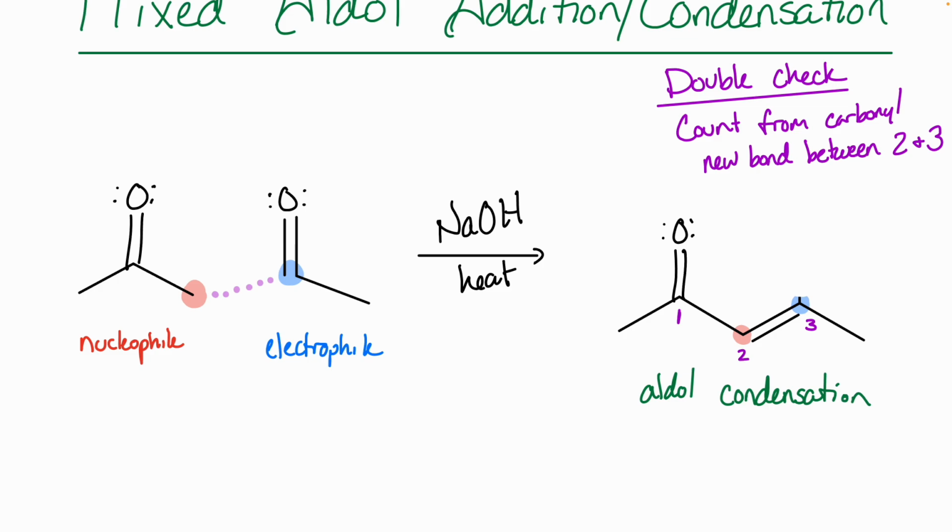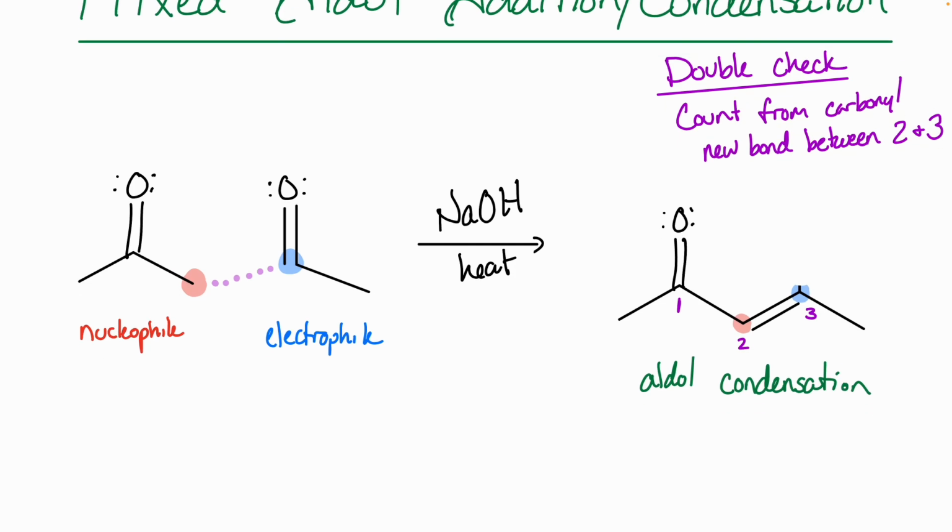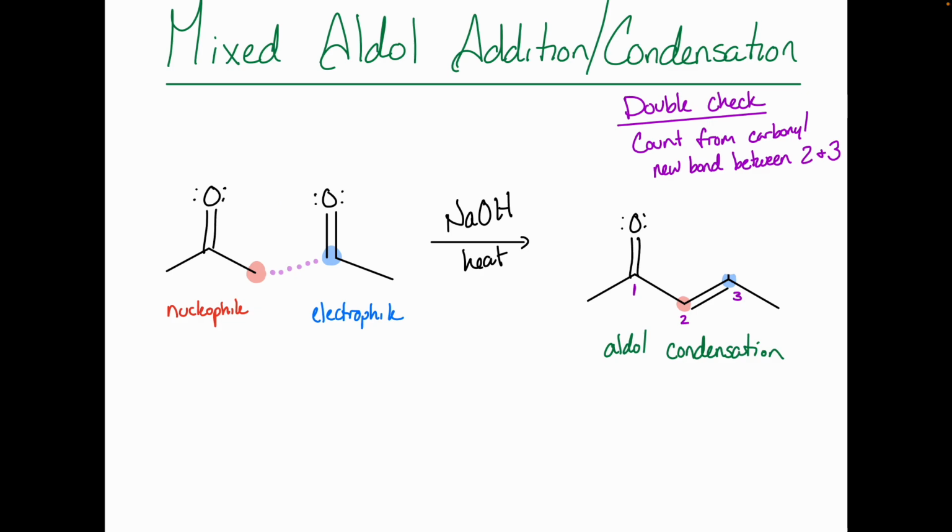I'm going to have some ethanol playing the role of the nucleophile. I'm even going to have some acetone molecules reacting with one another and some ethanol molecules reacting with one another, right? It's going to be chaos in here. I'm going to get a mixture of a bunch of different products. So how do we do these mixed aldol addition or condensation reactions? This method won't work. We get a mixture of products.